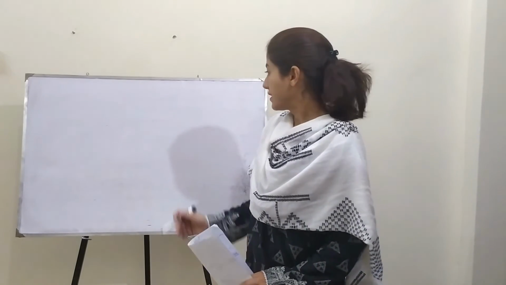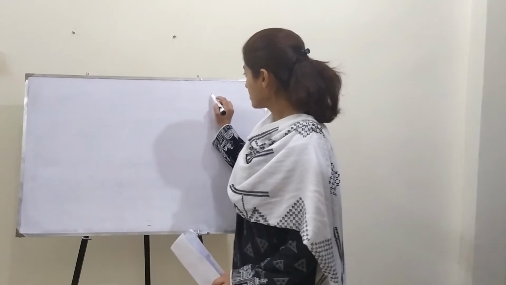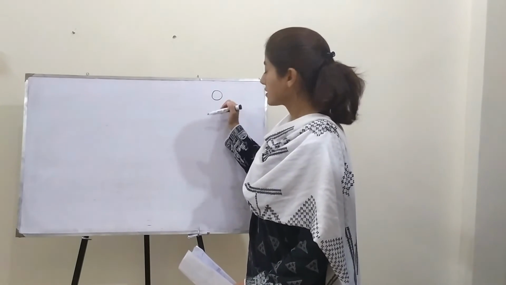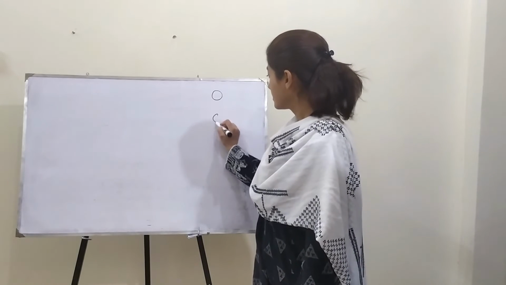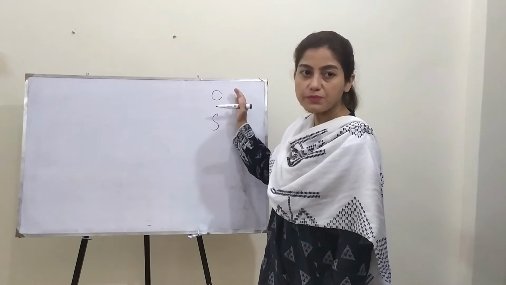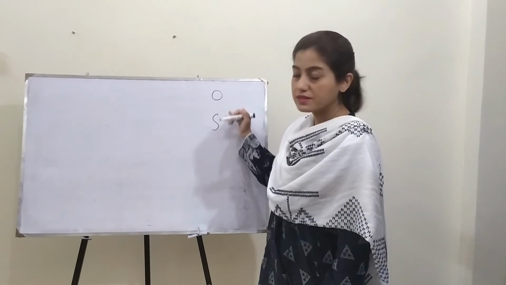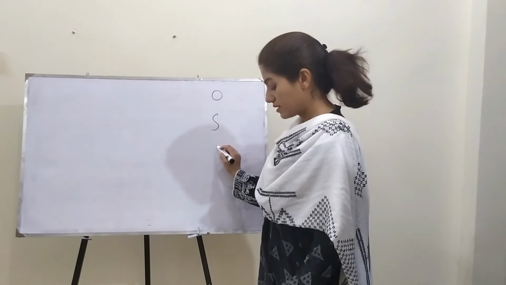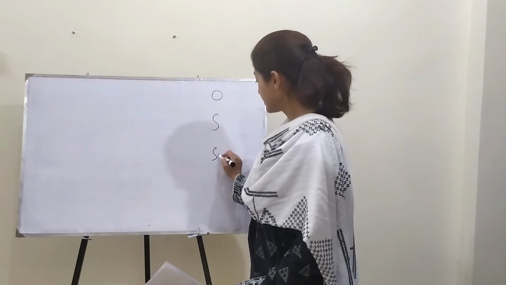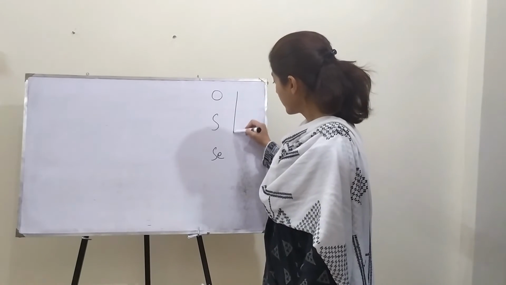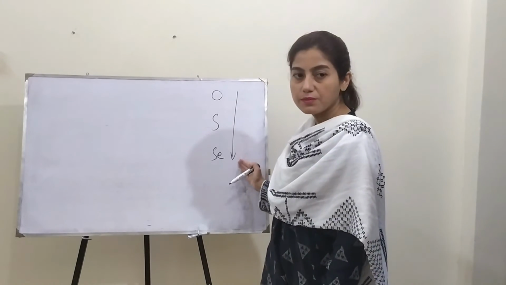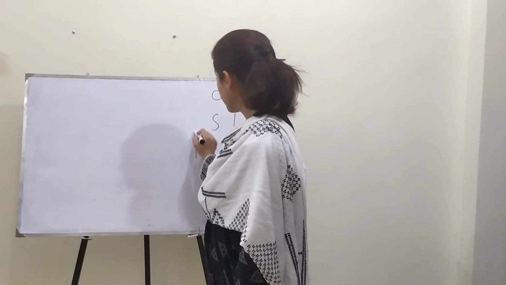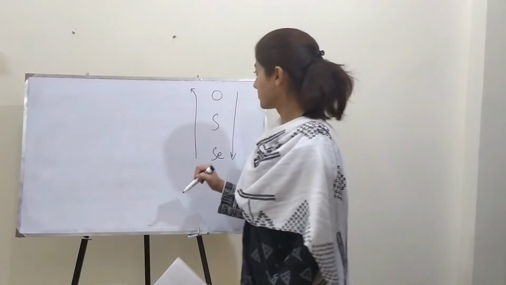Hence, priority of the heteroatoms comes in this order, as the oxygen is given the highest priority, then the sulfur, then the priority becomes decreasing: oxygen, sulfur, then selenium. The priority would decrease in this order, from oxygen to selenium, but it would increase from selenium to oxygen.